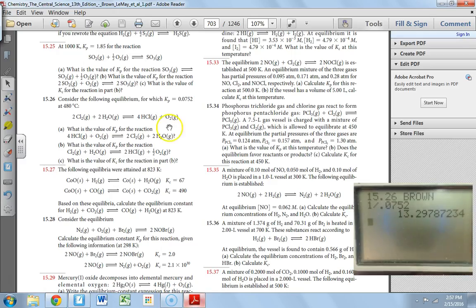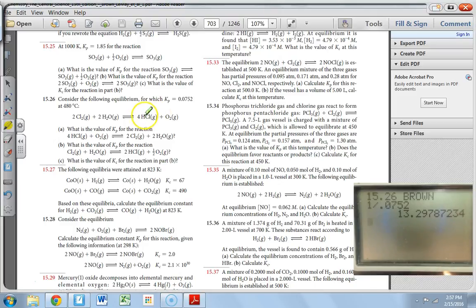Now for part B, again, I'm just going to focus on one of the reactants. Here's 4 HCl, and now here's 2 HCl. So it stays on the same side, but now it's halved. This is just half of the reaction up here.